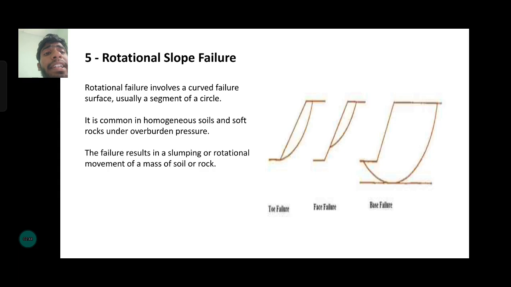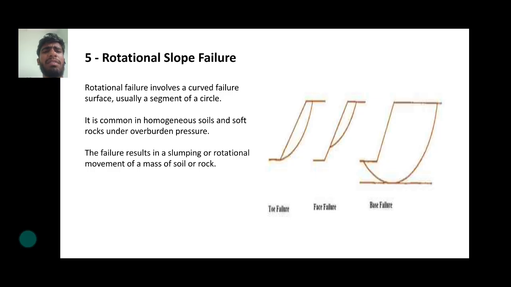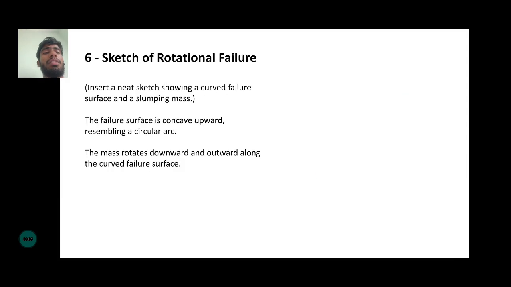It is common in homogeneous soils and soft rocks under overburden pressure. The failure results in slumping or rotational movement of a mass of soil or rocks.